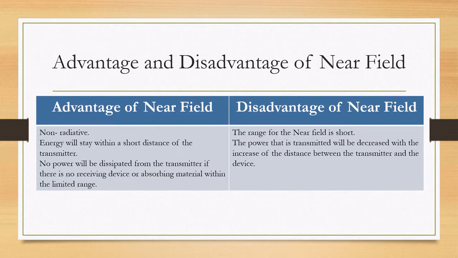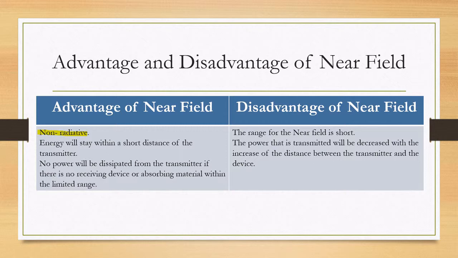The advantage of the near field is that it is non-radiative. This means that energy will stay within a short distance of the transmitter. Therefore, no power will be dissipated from the transmitter if there is no receiving device or absorbing material within the limited range.